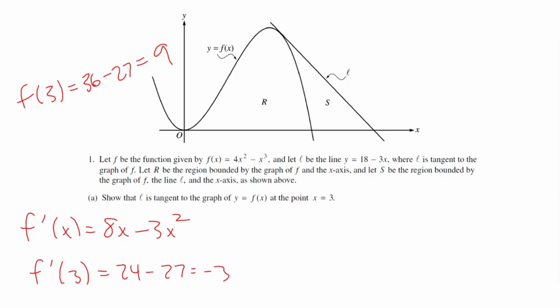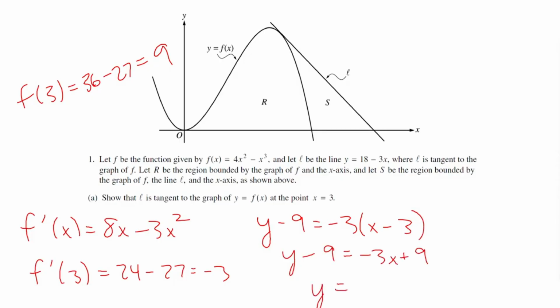And so we just write this in point-slope form to start. Y minus our y value of 9 equals negative 3 times x minus our x value, which was 3. We get y minus 9 equals negative 3x plus 9. Add another 9, and you get y equals 18 minus the 3x.